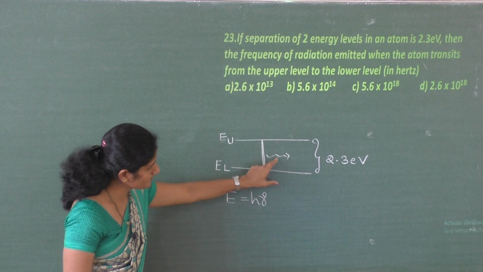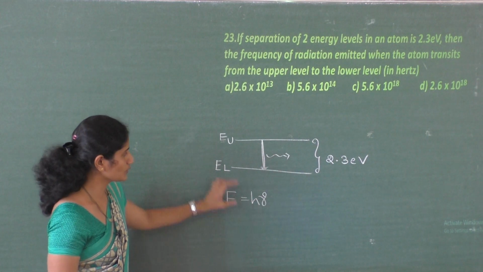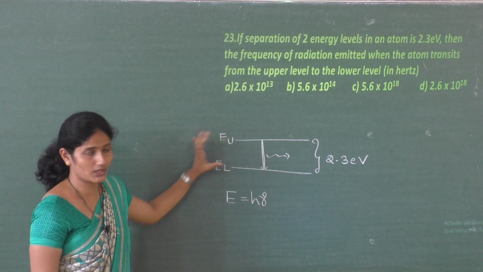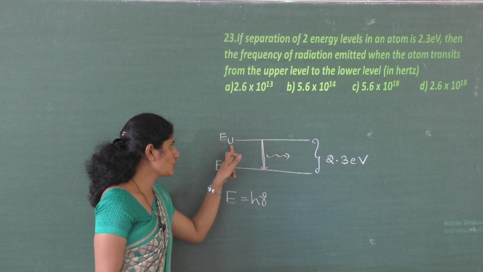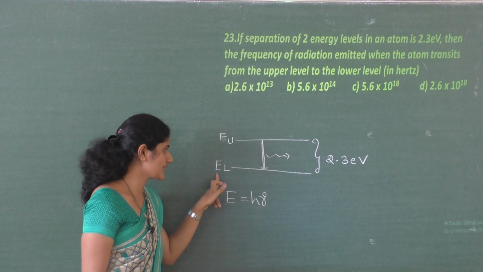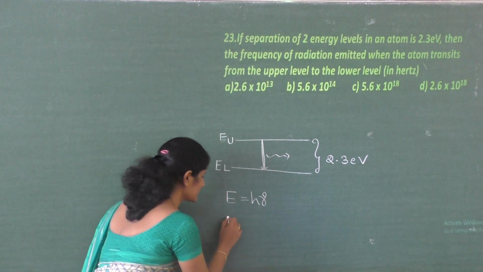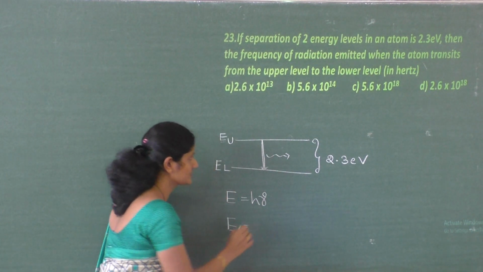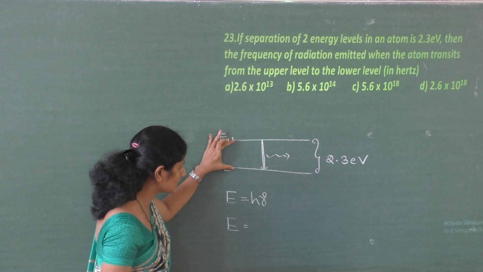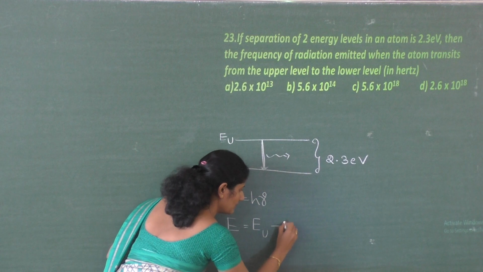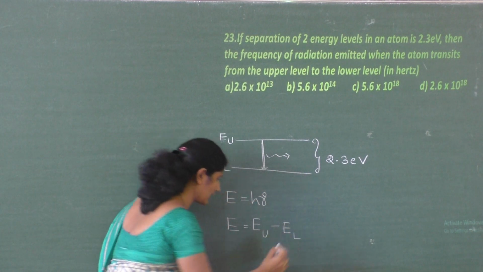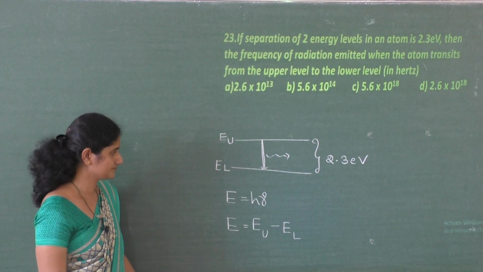This energy must be equal to the energy difference between these two levels. That is, E is equal to energy of the upper level minus energy of the lower level, EU minus EL.